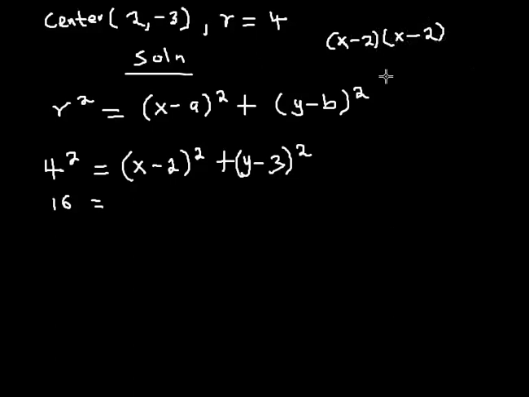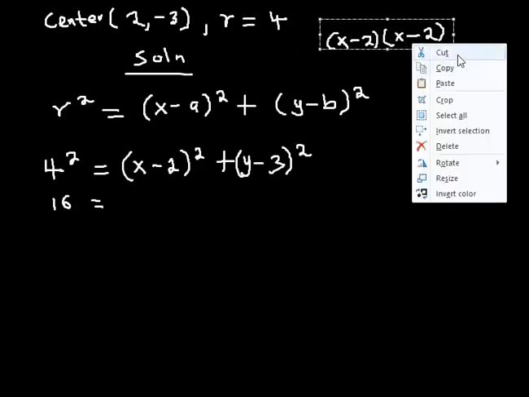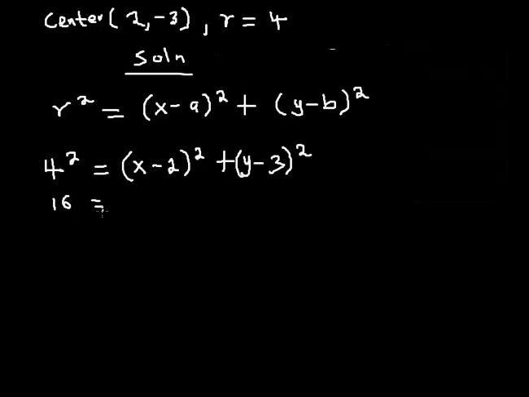But I'll just go by shortcuts. What's the shortcut? I square the very first term here, x squared. Then I use 2, multiply 2 times x times minus 2, that gives me minus 4x.